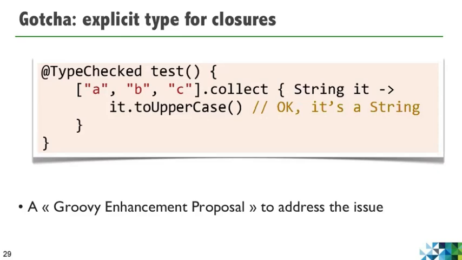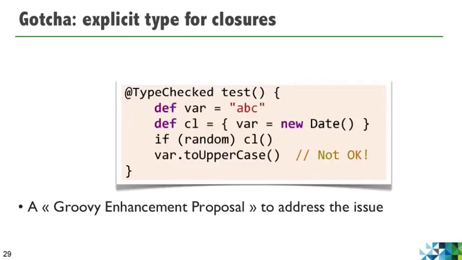So you can say String it, or String s arrow s.toUpperCase, in order to actually help the static type checker. And we're working on some solutions to allow us to avoid typing like we just did here. So sometimes, like in this case with some methods like collect on collections, you may have to help the static type checker by adding some additional type information to get the most useful feedback from the type checker.